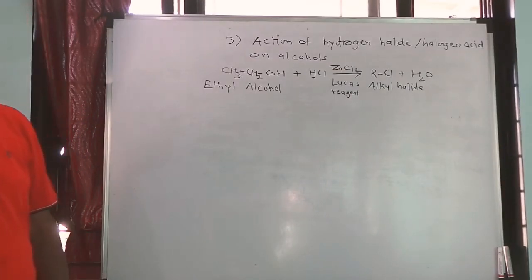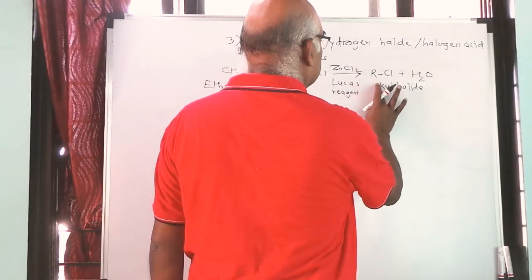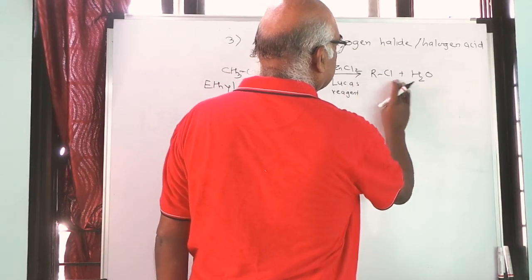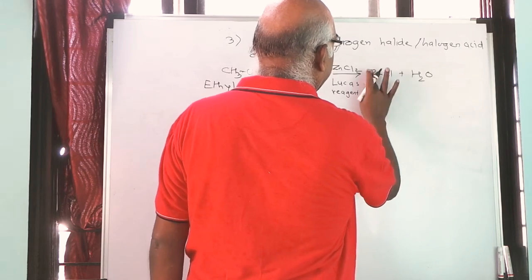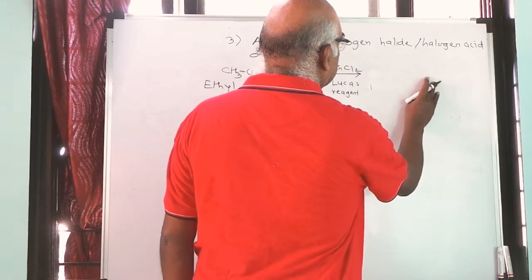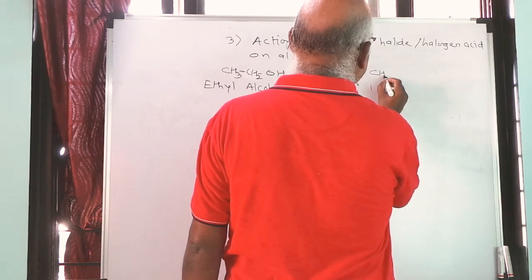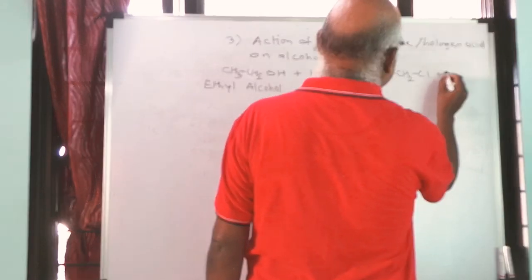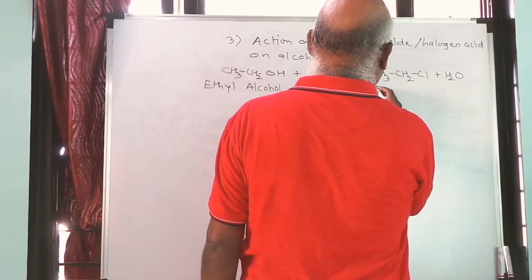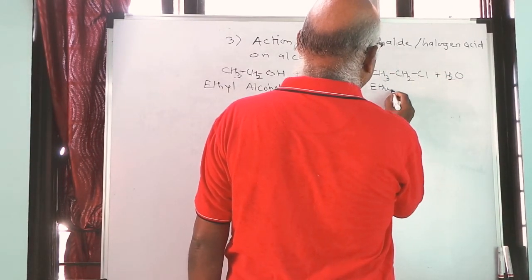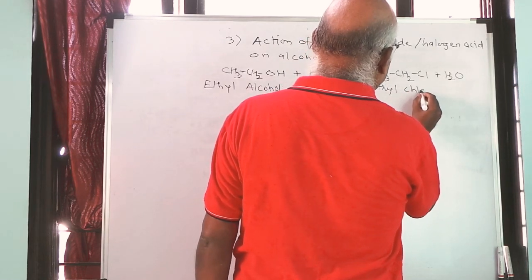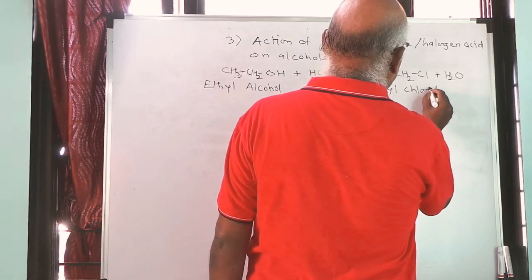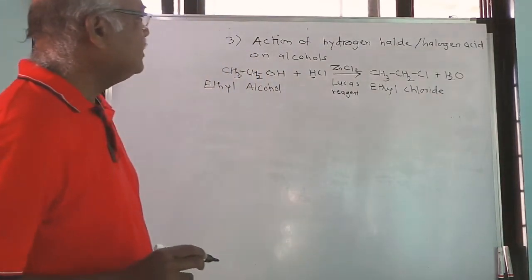When ethyl alcohol is treated with HCl in the presence of ZnCl2, what do we get? You get ethyl chloride as the product, CH3CH2Cl plus H2O.